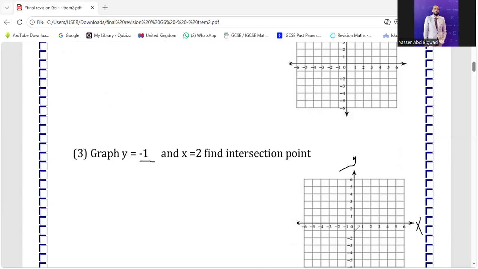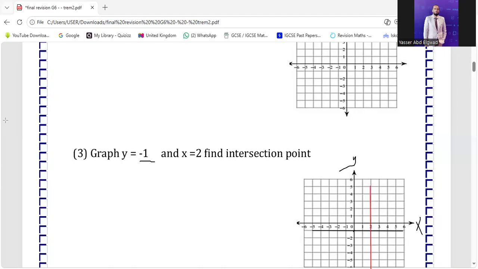Here is this point, negative 1. Make a line, just only. It doesn't need a table, just make a line. Next one, x equal to 2. Where is 2 on x? Here, make a line. It doesn't need a table.